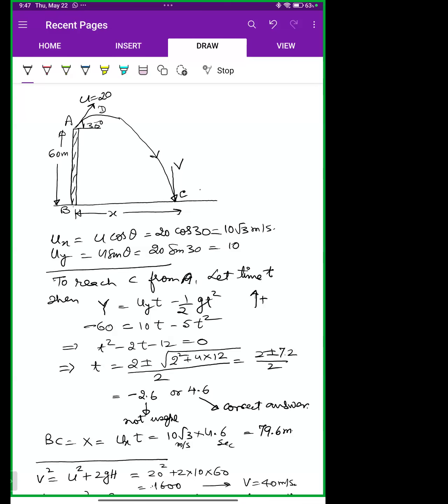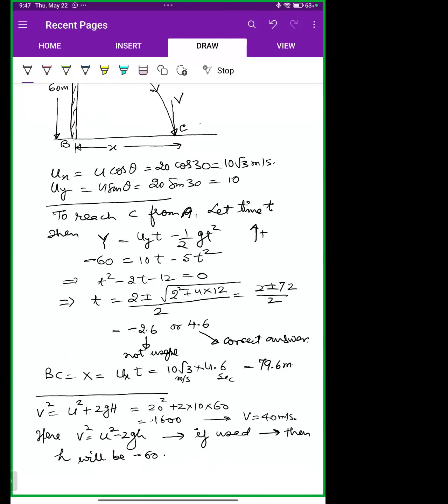Then you see, if speed is going to increase, you have a square here, V square, and another square, U square. Both these are positive certainly, because V square and U square are squares. So if V is to be greater than U, then this 2GH term has to be positive. Now don't start thinking whether G is minus, upward; that is the thing of the past.